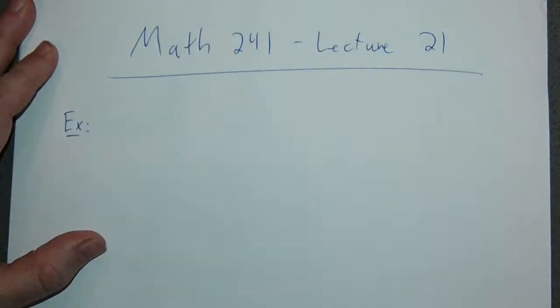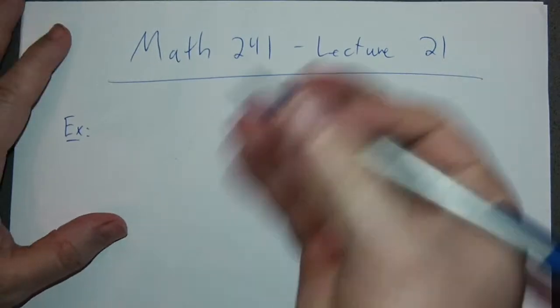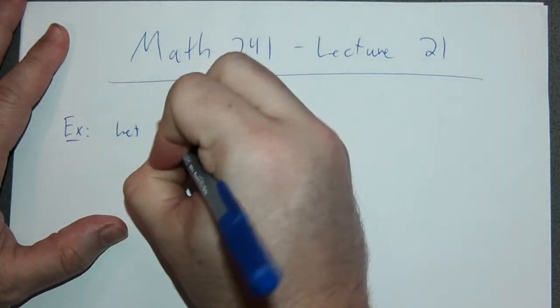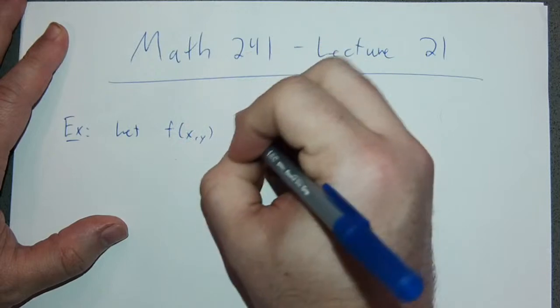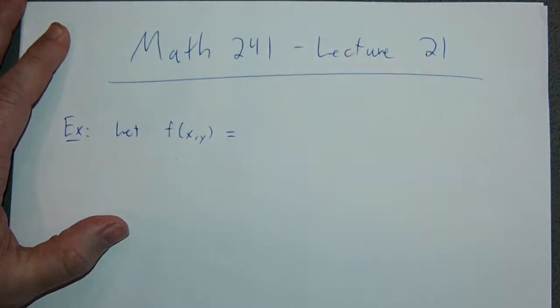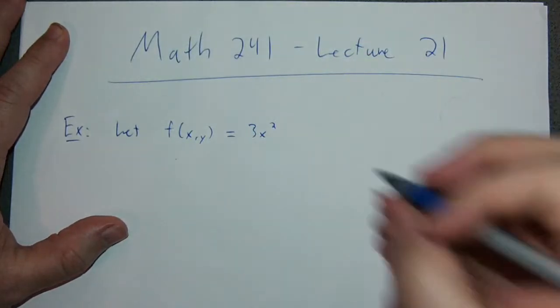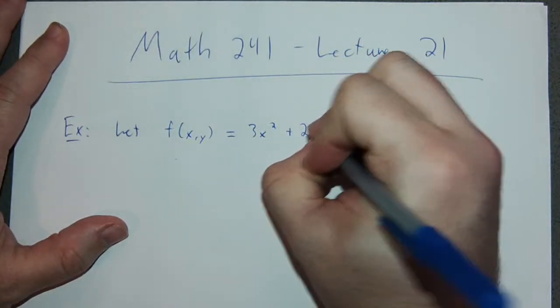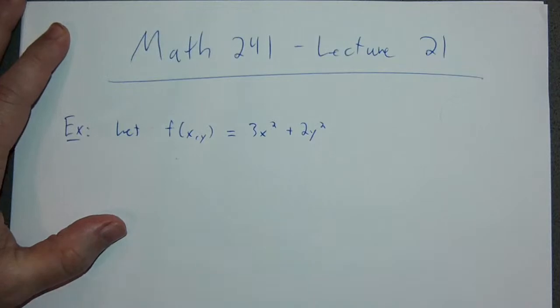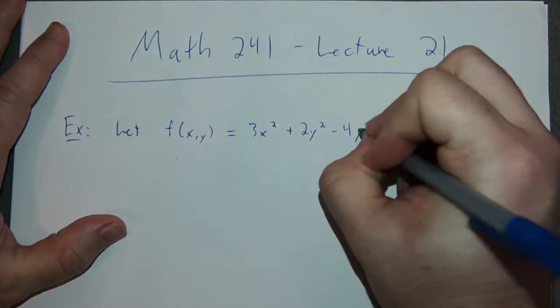So let f of x, y be the following function: 3x squared plus 2y squared minus 4y plus 1.